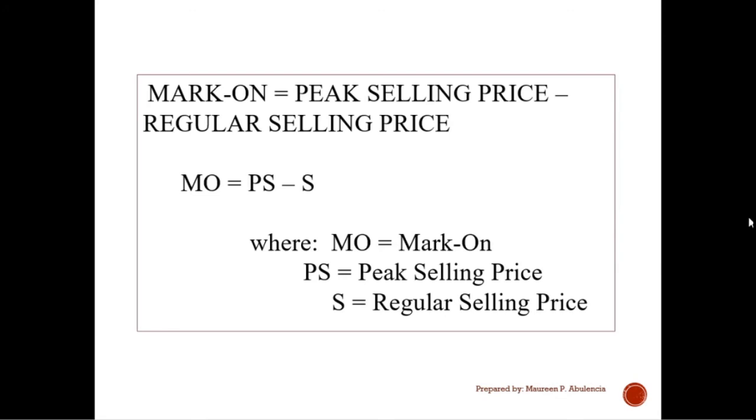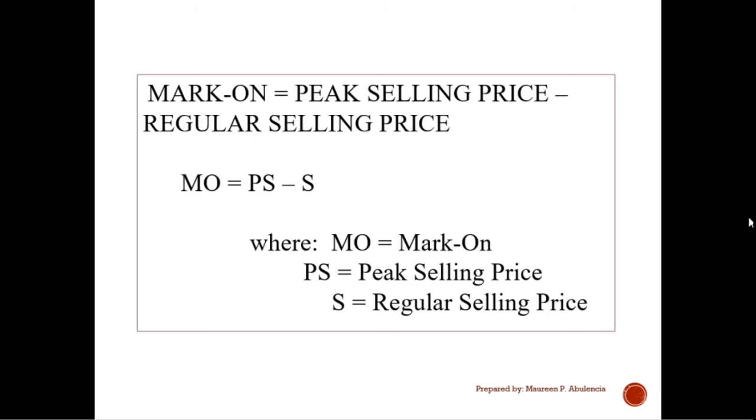There are times when we can sell our items at more than the selling price, and that is what you call the peak selling price. When are these times where we can sell our items at more than the regular selling price?